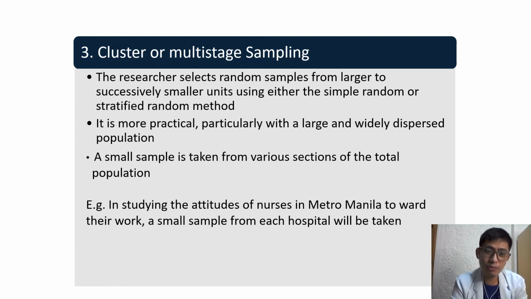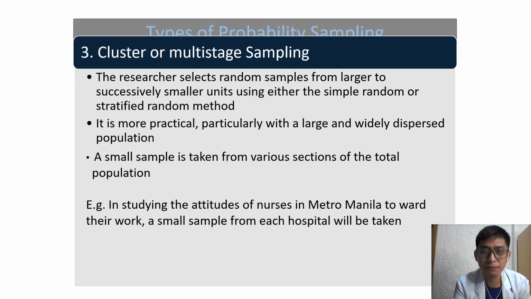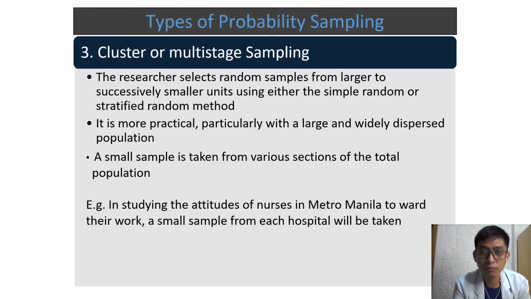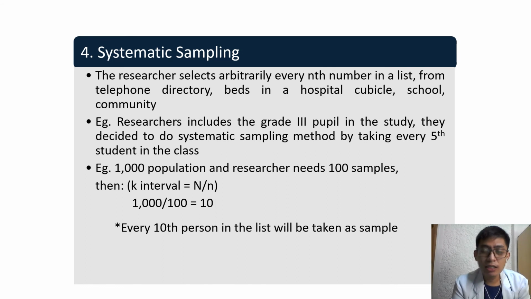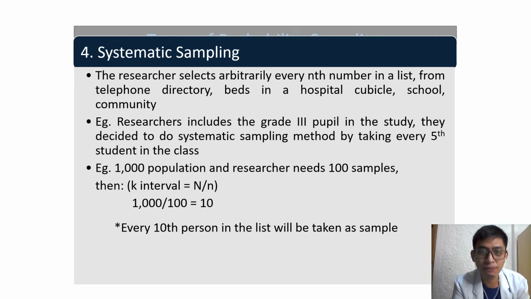A small sample from each hospital will be taken. Systematic sampling is where you designate a number to each of your respondents or population. Then the researcher will decide if it's every fifth or every 10th person in the list that will be taken as a sample.